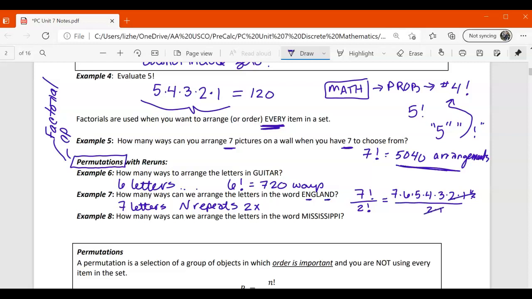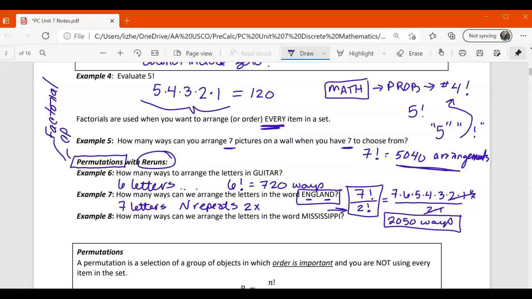So these all factor out. So really all we're multiplying is the 7, 6, 5, 4, 3. But anyhow, put this in your calculator and you get an answer of 2,520 ways to arrange these letters. Just remember that when you have a repeat in a letter, you have to divide it out. That's what it means here with reruns.